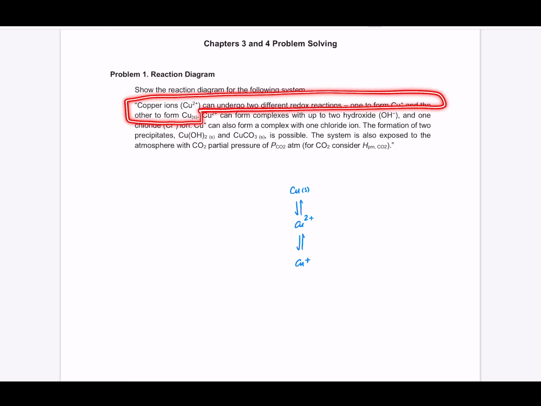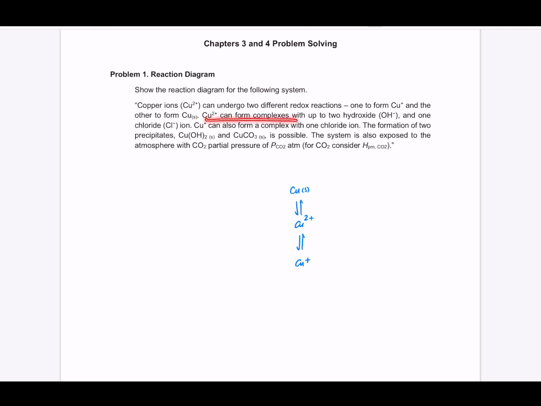So 2 redox reactions. Then it's giving us information about the complexation basically. So copper 2+ forms complex with up to 2 hydroxide. So that would be copper 2+ with hydroxide up to 2. That means copper with 1 hydroxide.